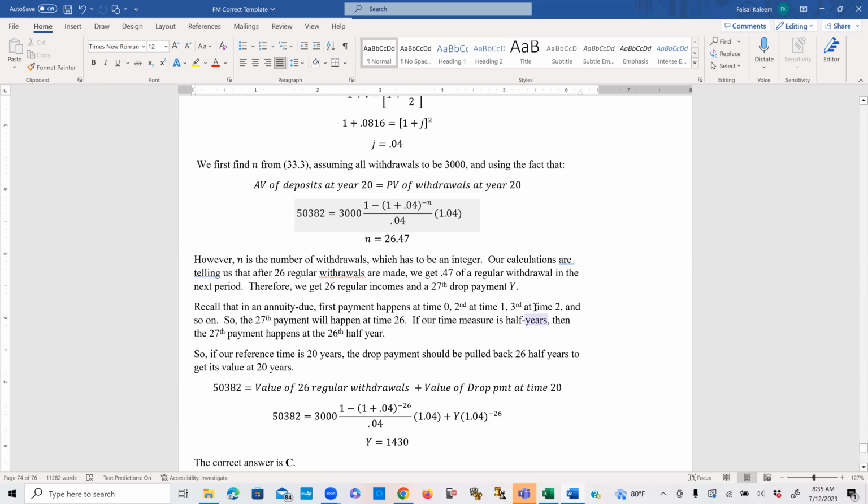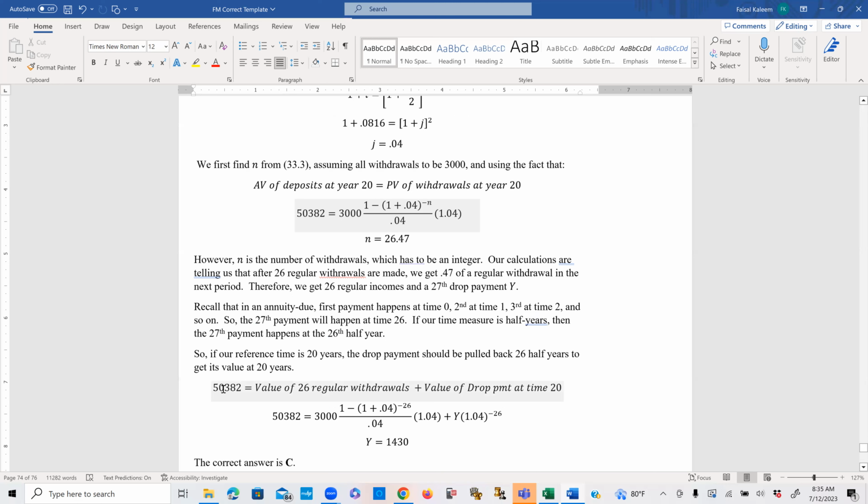So the 27th payment will happen at time 26, and we're counting these times in half years. So the 27th payment will happen at the 26th half year, and that needs to be brought back 26 half years. Remember, time 20 is now the reference point.